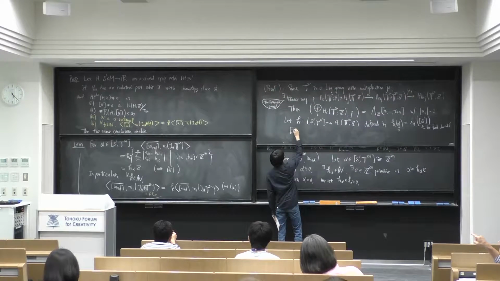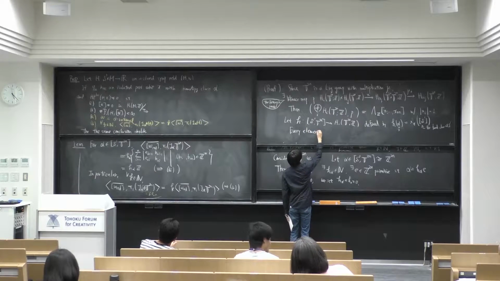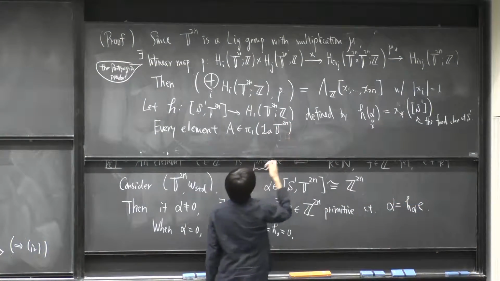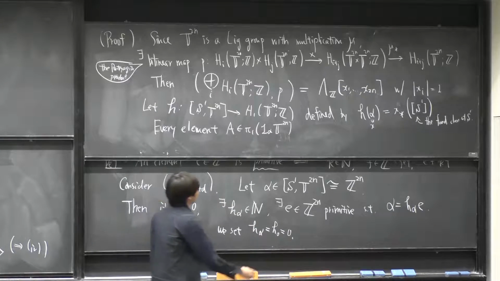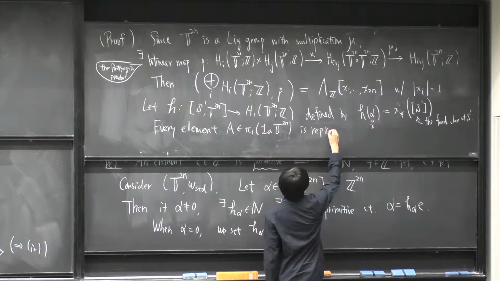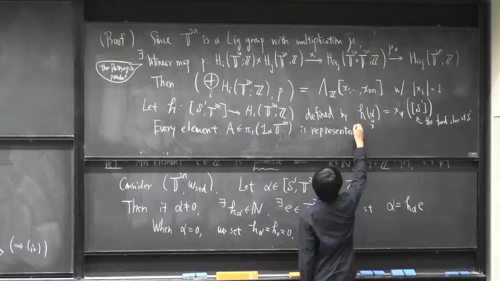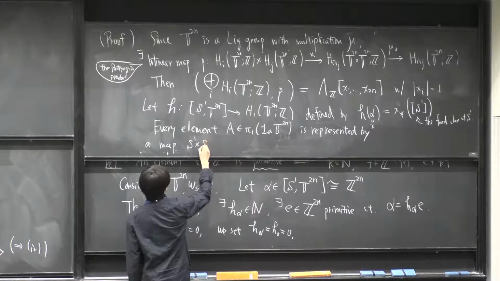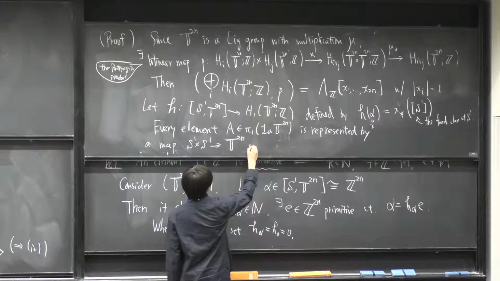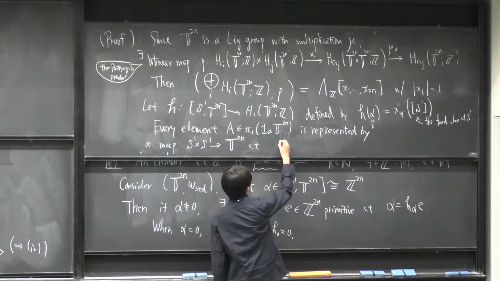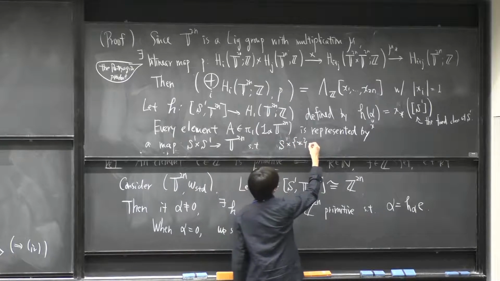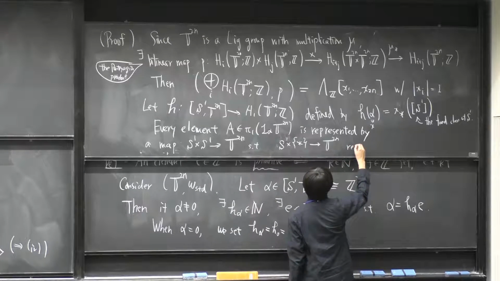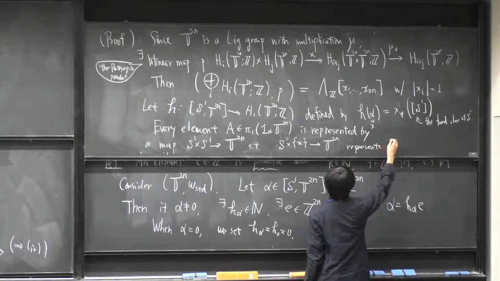Now, every element A in the fundamental group of the free loop space is represented by a map from the torus such that the restriction to the first component represents alpha.